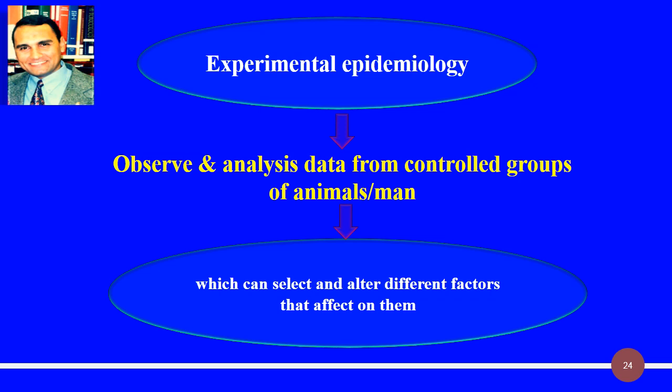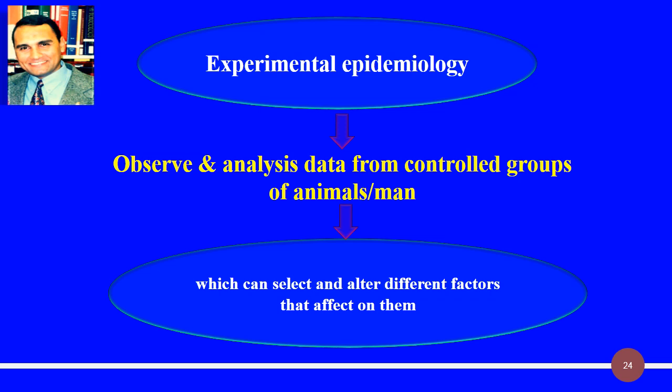For example, in a clinical trial of a new vaccine, we may randomly assign some veterinarians or practitioners to receive the new vaccine while others receive placebo shots. We then track all vaccinated animals or humans.